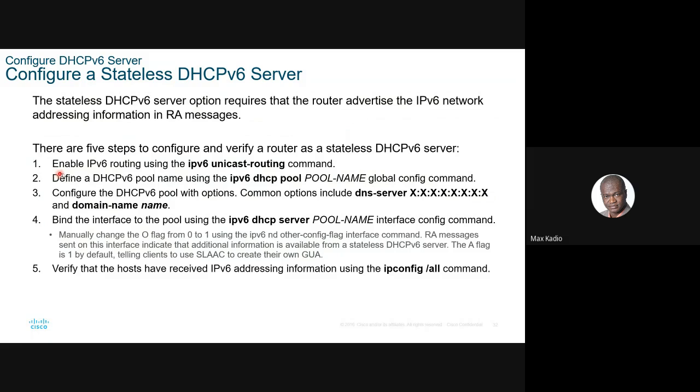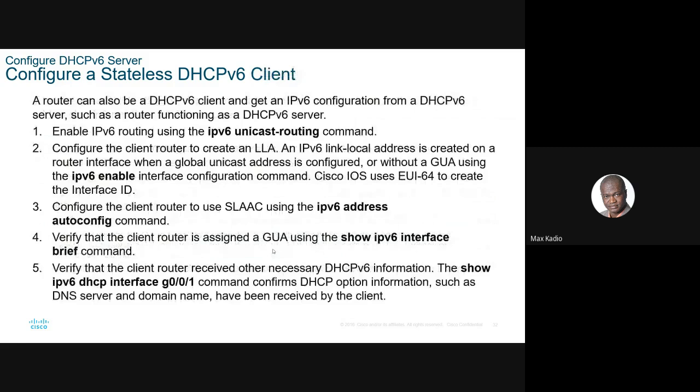Also, if you use IPv6 in your system, before you start your configuration, you must have the command ipv6 unicast-routing for all the interfaces and all the networks to start sharing IPv6. Then you can create your pool, the same thing we did for IPv4, your server. So it's not difficult.